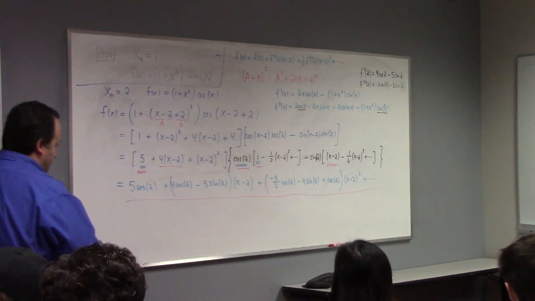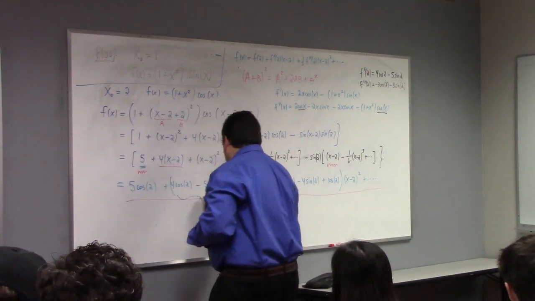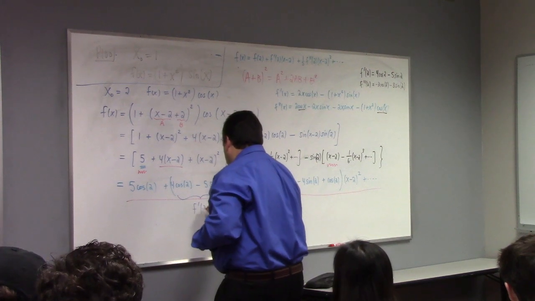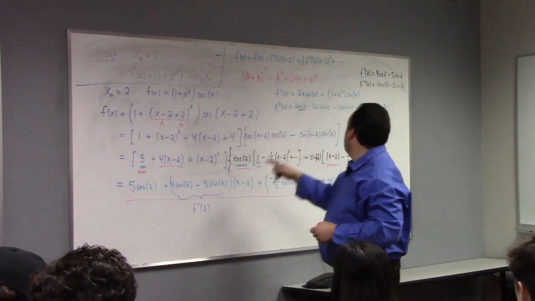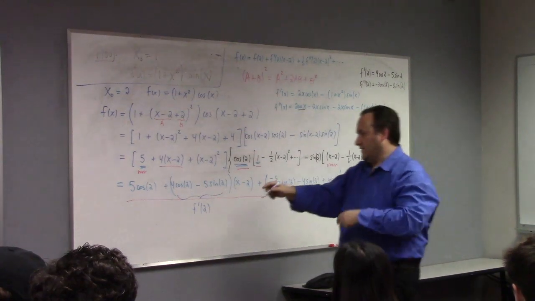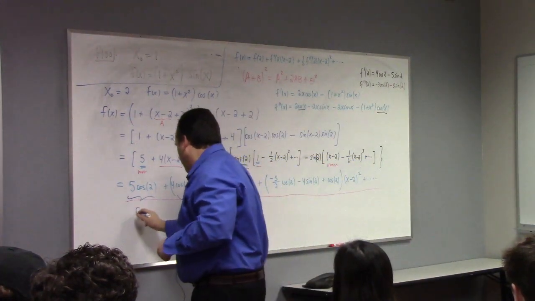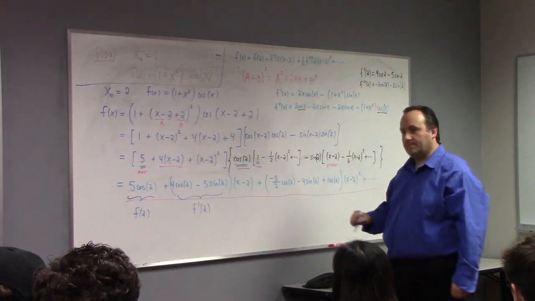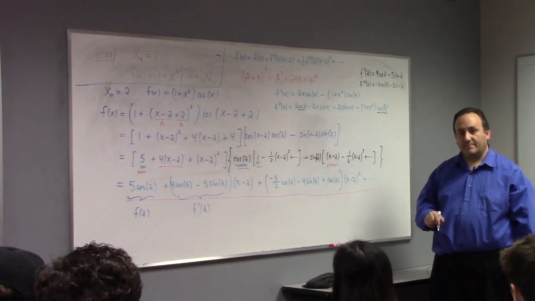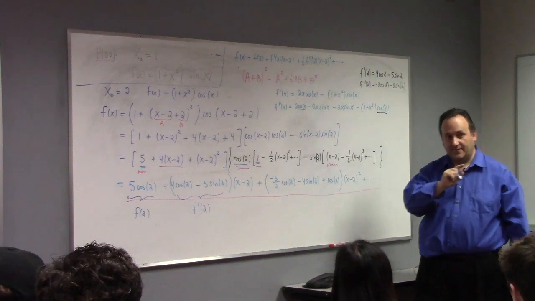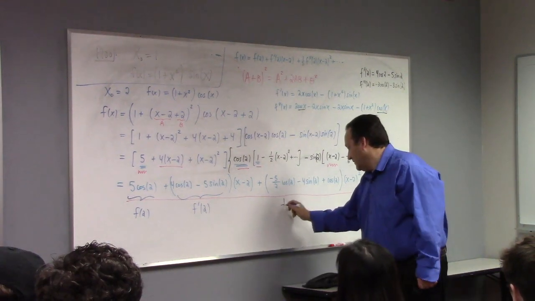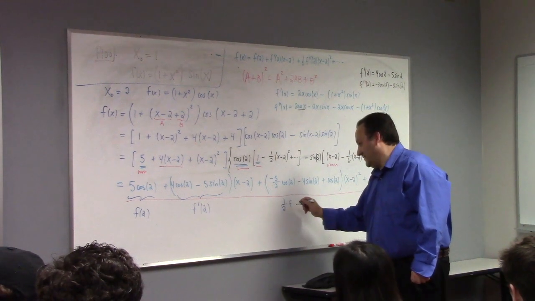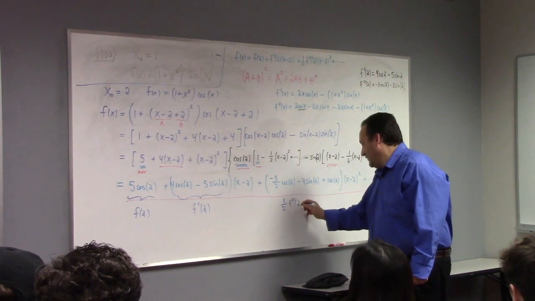I think that matches, yeah? What I'm trying to say is, this right here is literally f prime of 2, is it not? And this, as we discussed earlier, is f of 2, right? What do I expect this to be? But not f double prime of 2. One half f double prime, that's the thing. Taylor's theorem says you got to divide by 2, right?